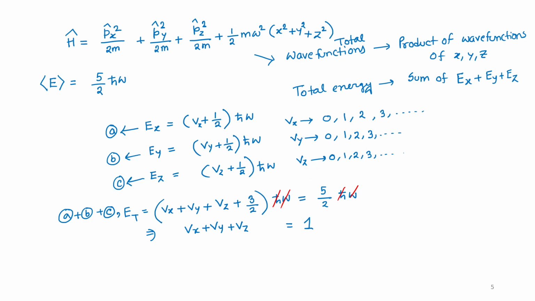So now we have to look back at what the possible values of Vx could have been, so that my total Vx plus Vy plus Vz would be 1, and only in this condition my total energy is going to be 5 by 2 h cut omega. Is this making sense?